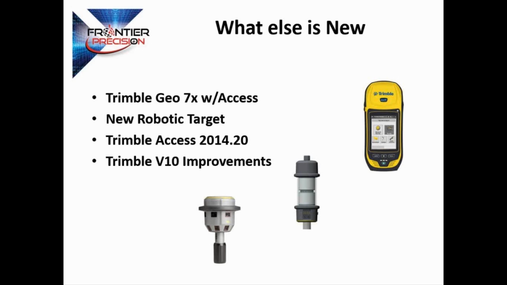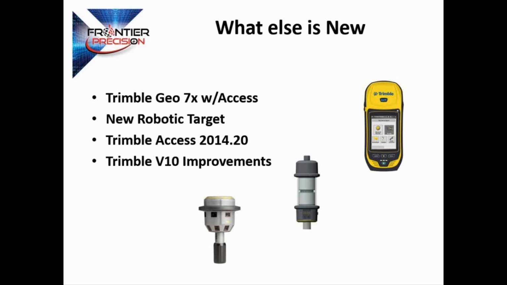What we're going to do is shift our focus slightly to some of the field stuff, so to speak. The 4 improvements that we've identified here for this little session of the presentation is a new product called the Trimble Geo 7X. Some of you may have heard of it if you're working with mapping and GIS equipment, but we call it the Geo 7X with Access.